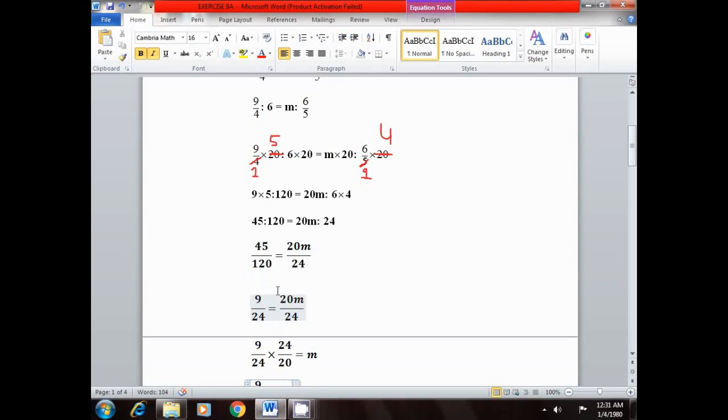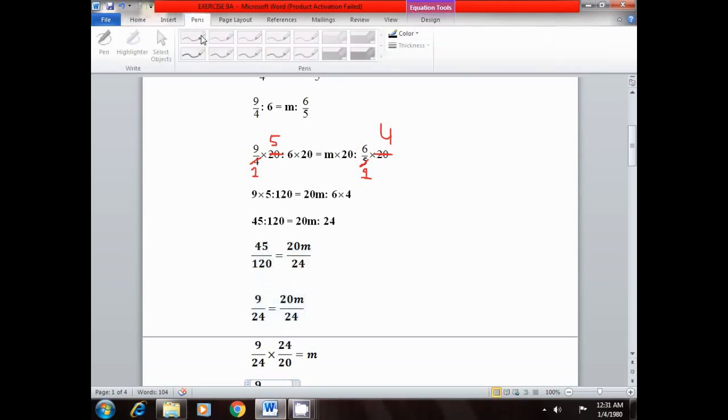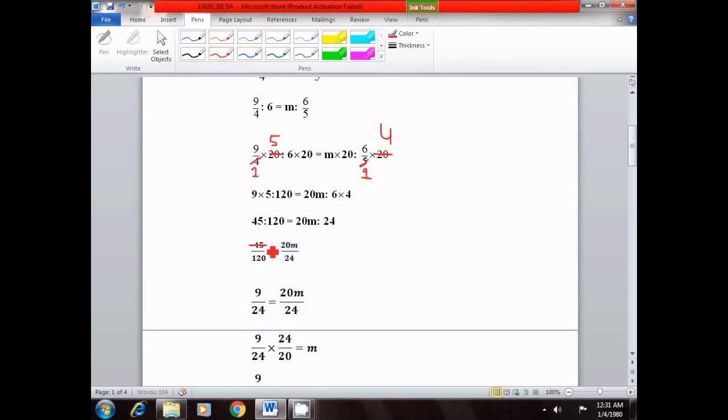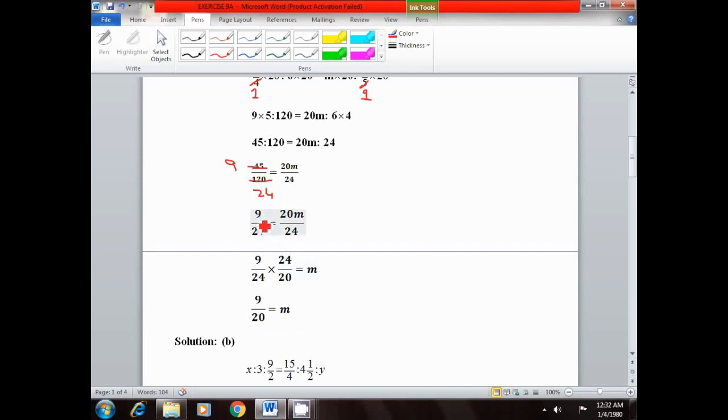Now you see we have some cancellation again. 45 and 120 are both multiples of 5. 5 times 9 is 45, and 5 times 24 is 120. So we have the remaining quantities 9/24 = 20m/24.